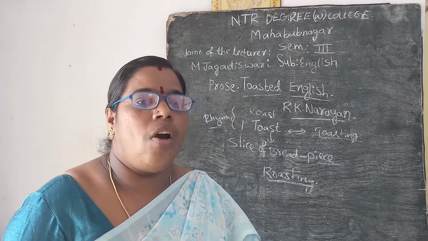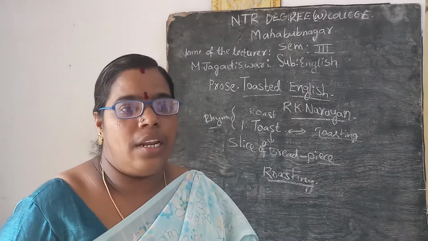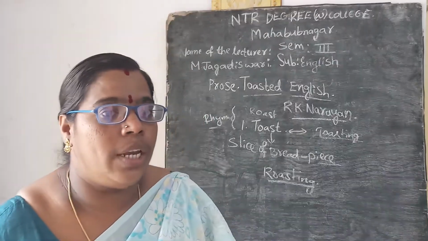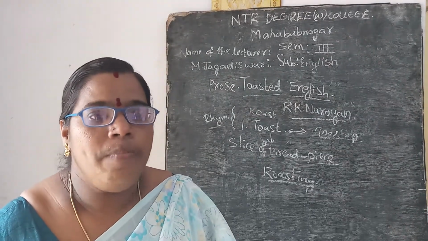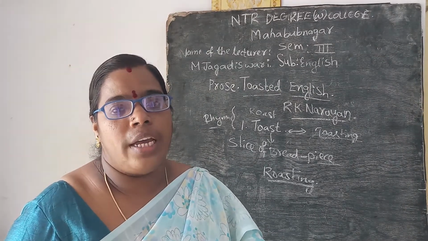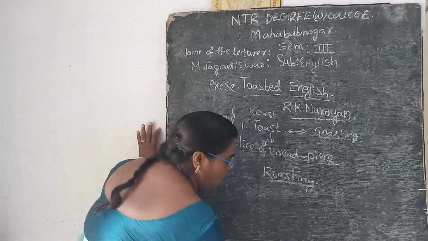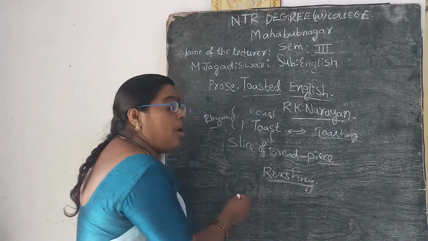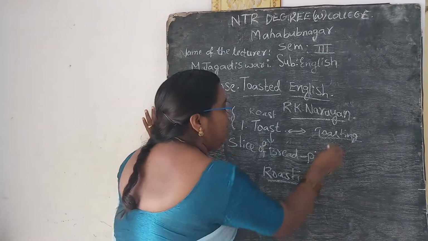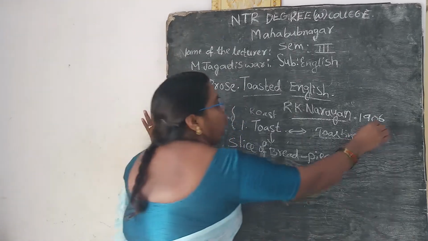You can see that R.K. Narayan, whose full name is Rasipuram Krishnaswamy Iyer Narayanaswamy, better known as R.K. Narayan, was born in the year 1906 and lived until 2001.